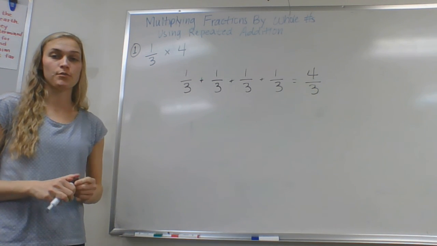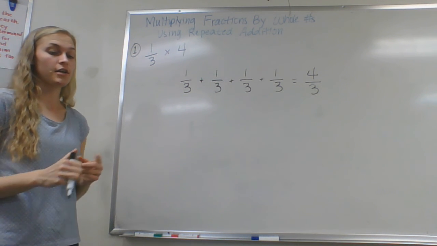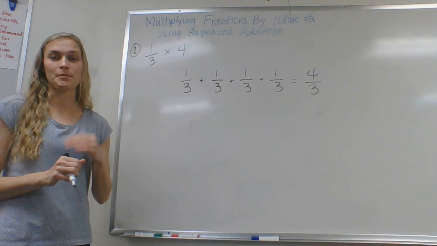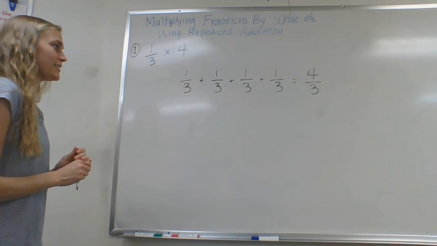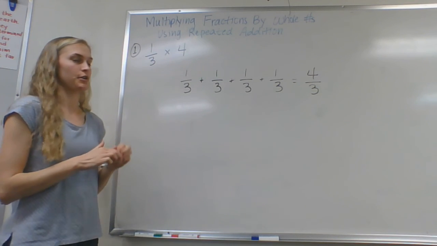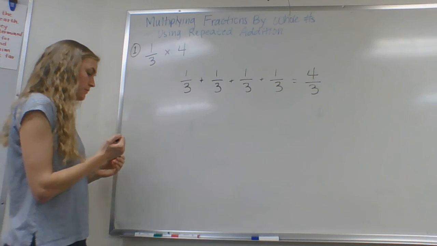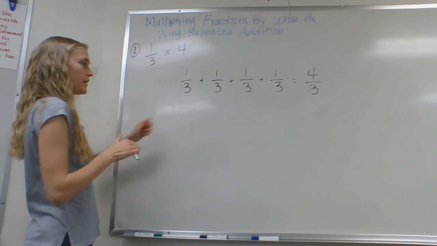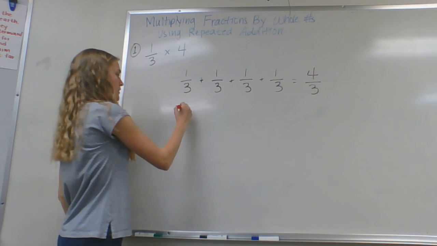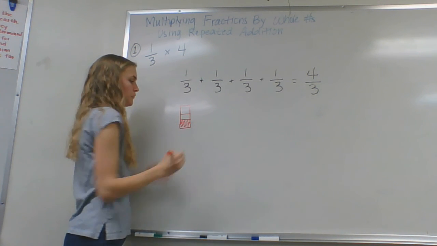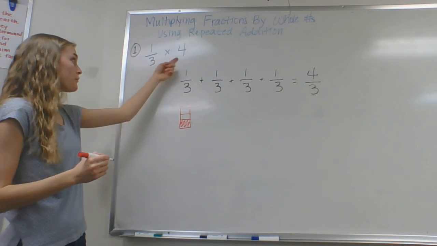All right. We're also going to be showing this repeated addition today with models and a number line. So if you don't like to represent your math, you're not going to like today, but we are going to show how we got our answer 4/3 in multiple ways. So first, model. We're going to draw a model basically of this right here. We're going to have 1/3. One of 3 pieces are shaded. We're going to have that 4 times.